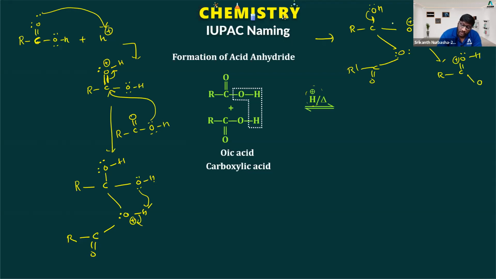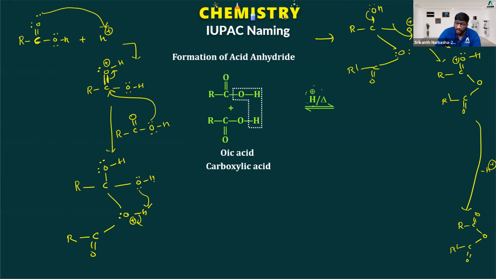As soon as this comes in, the CO bond is going to be cleaved, with loss of H2O. This will ultimately give the compound RC double bond O, C double bond O R dash upon loss of H plus. This is the mechanistic approach.